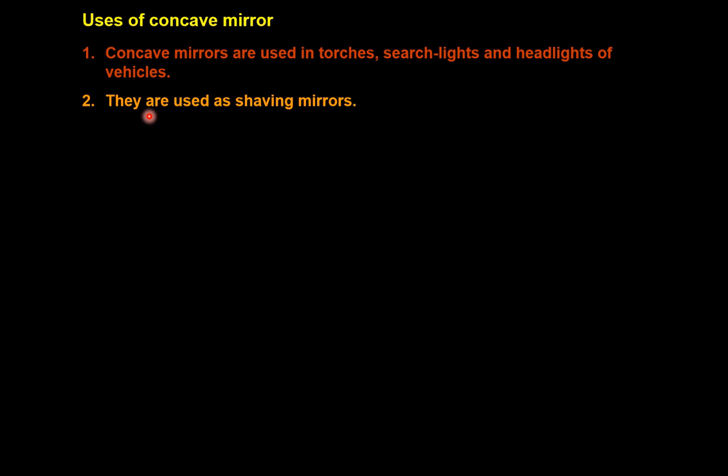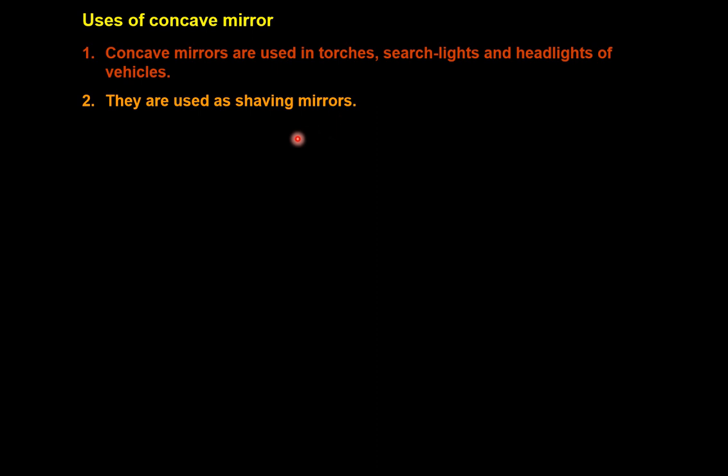When the object is placed very close to the concave mirror, between principal focus and pole, then the image formed will be behind the mirror. It will be virtual and erect, and it will be magnified in size. That is the demand. So that's why we are using concave mirror as shaving mirror, because we require an erect, virtual and magnified image of our face, so that we can easily do the shaving.